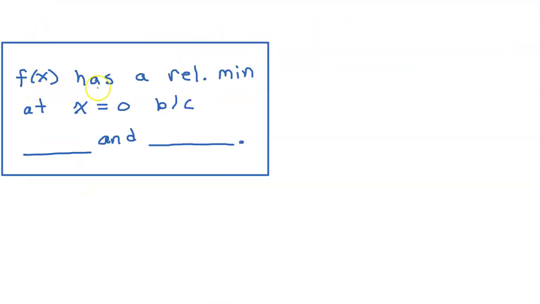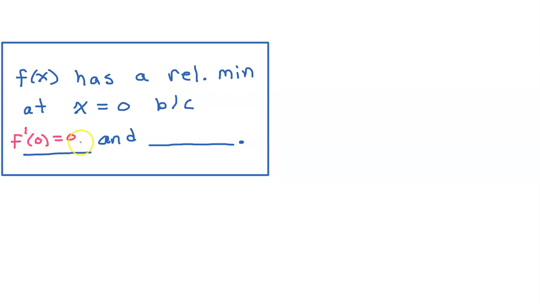I like to say f of x has a relative min at x equals 0 because blank and blank. Because I need to emphasize to you guys that the second derivative test always has two parts to it. The first part never changes. The first part says that f prime equals 0. And if you can remember to do it, it's best if you go ahead and put the value in here and say f prime at 0 is equal to 0.